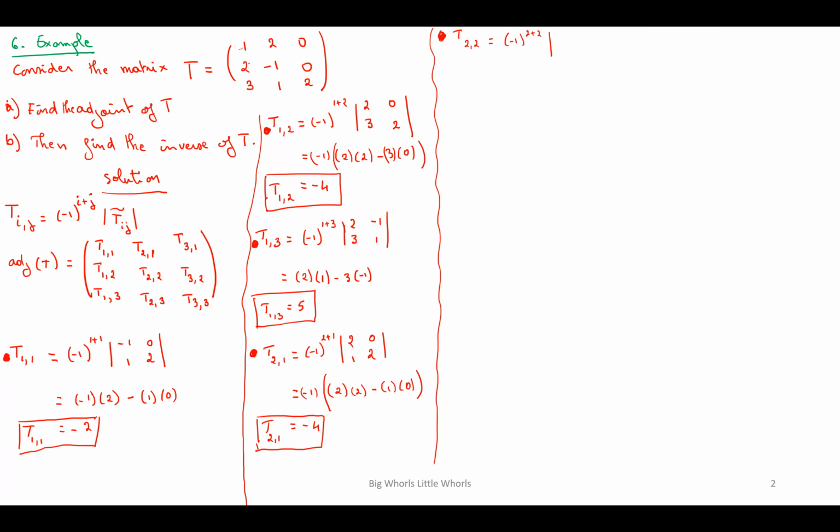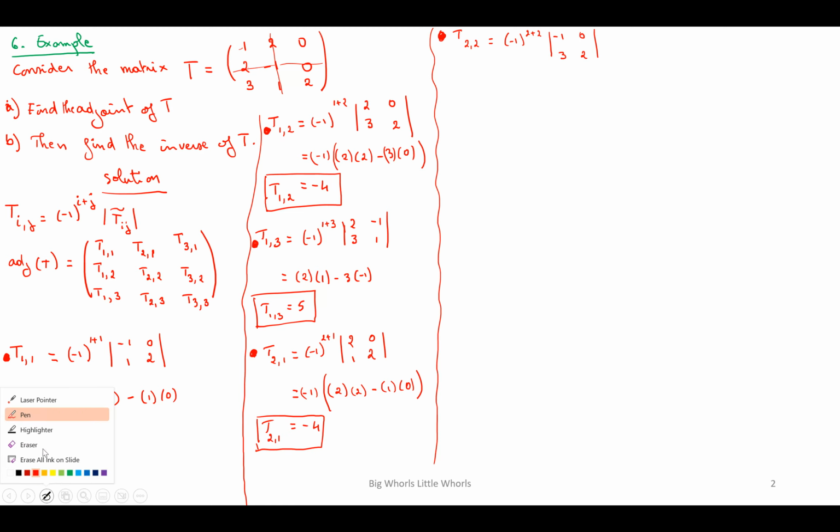If we delete second row and second column, we are left with minus 1, 3 and 0, 2. Second row, second column, we are left with... it's not minus 1, it's 1.